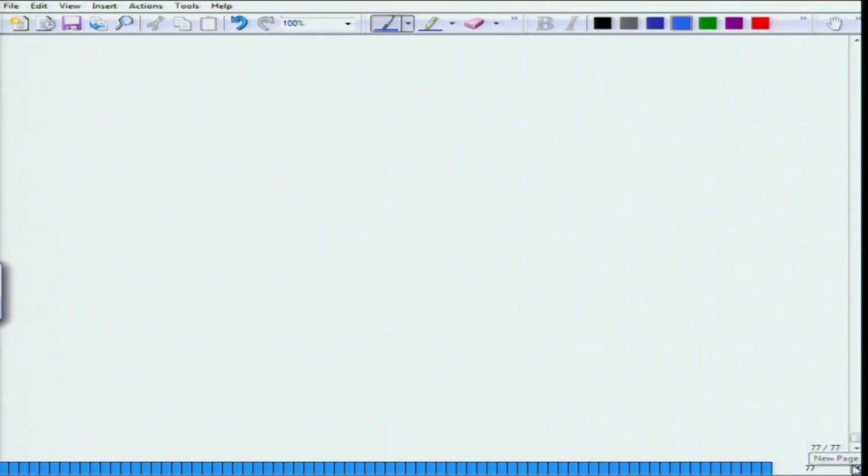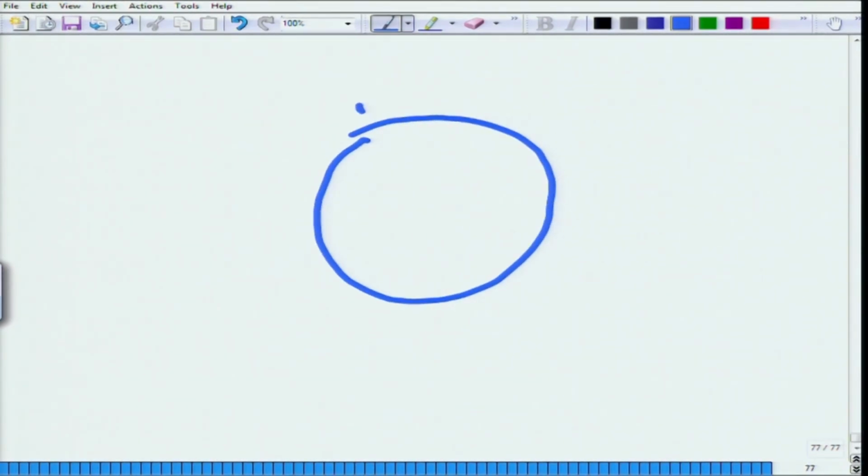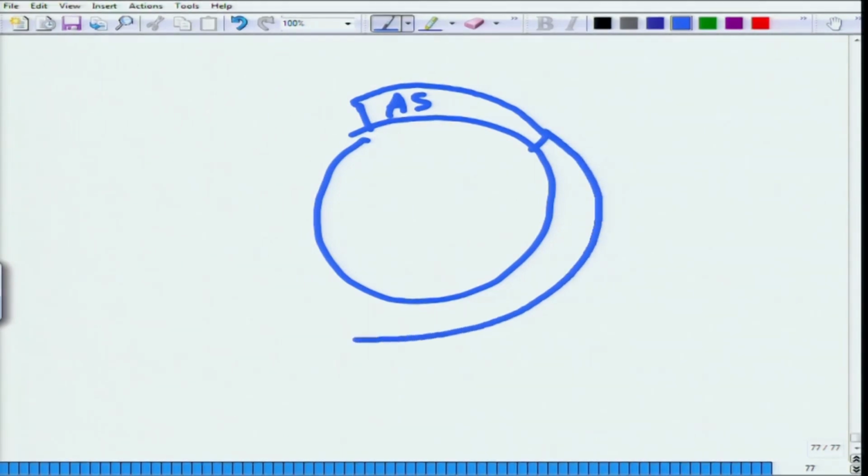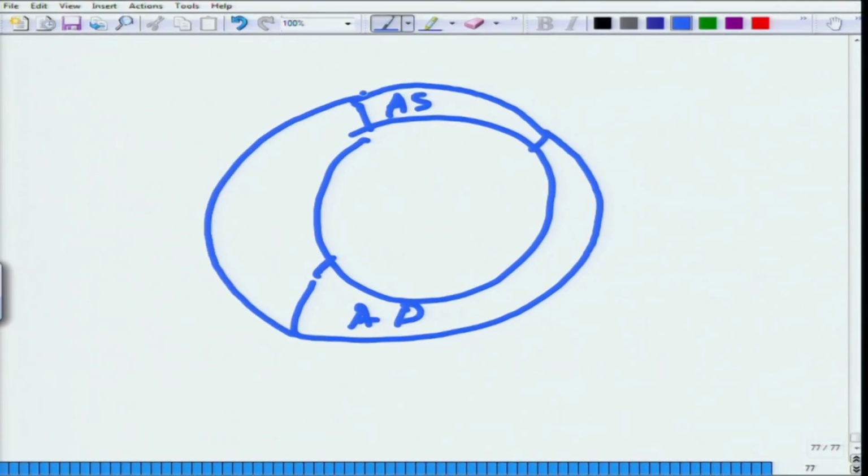So, let us draw a circle like this and start with phase 1, the atrial systole, which I am putting as AS, followed by atrial diastole, AD, and then there is a phase that is neither diastolic nor systolic, it just stands there. It starts at 0 and this is at around 375 milliseconds.